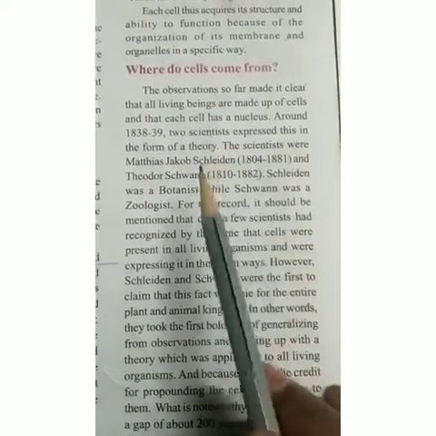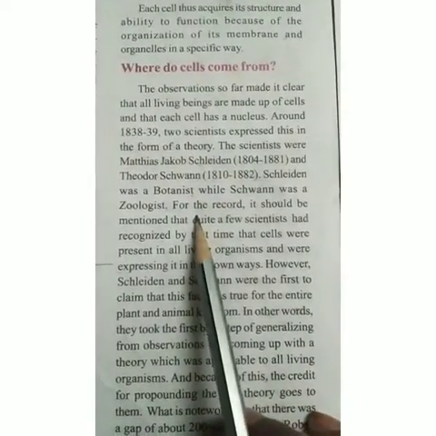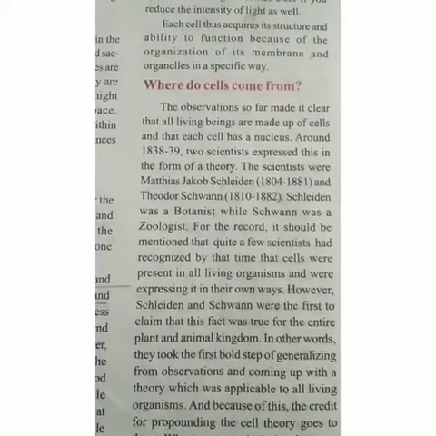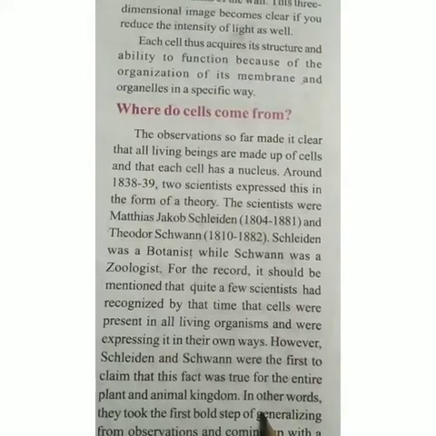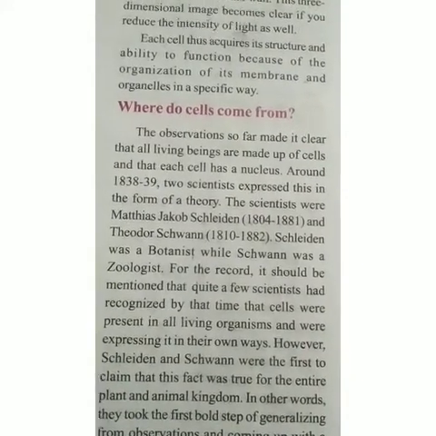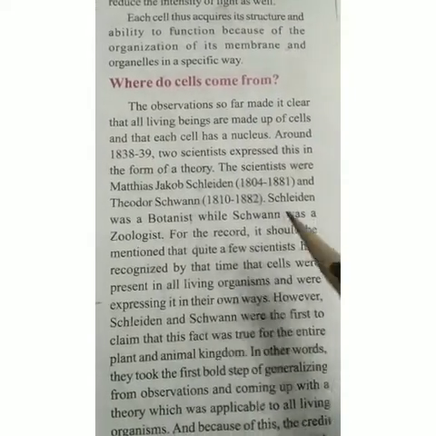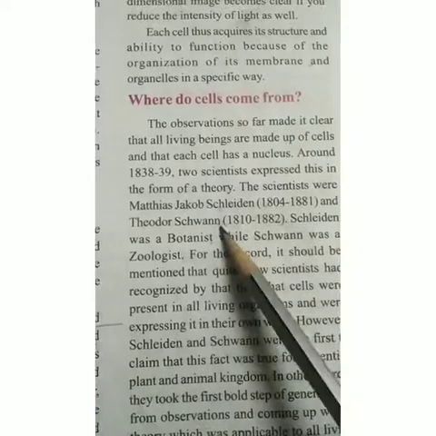Around 1838 to 1839, two scientists, Schleiden and Schwann, together formulated the cell theory, and Rudolf Karl Virchow first explained that cells are divided and new cells are formed only by the division of pre-existing cells. The scientists were Matthias Jakob Schleiden and Theodor Schwann.